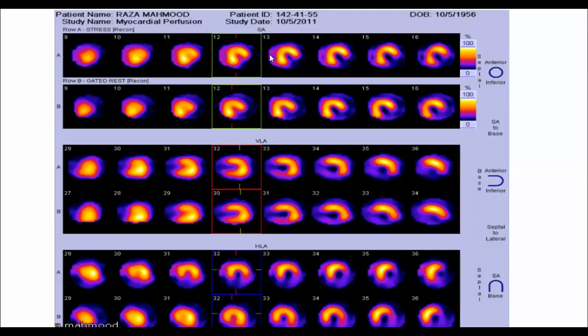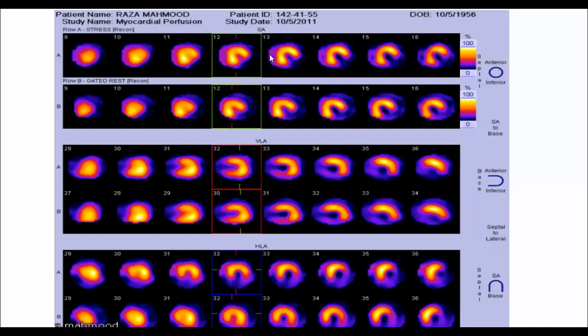Yes, 19 seconds have passed. Anyone? Moderate to large fixed defect in inferior, inferolateral and basal segments.